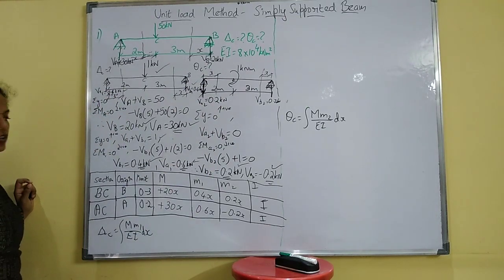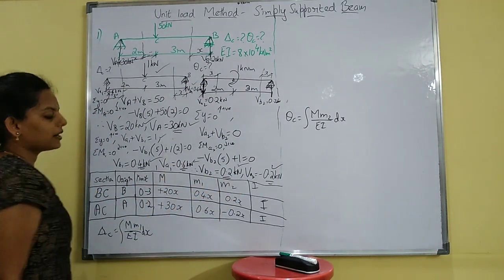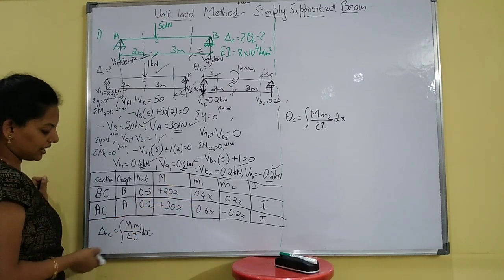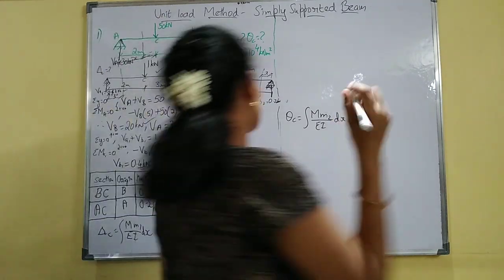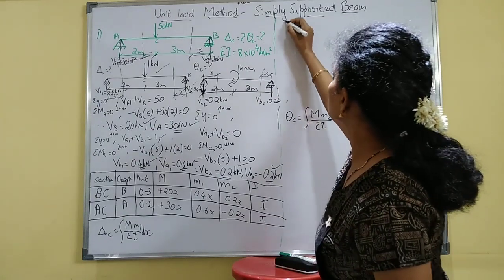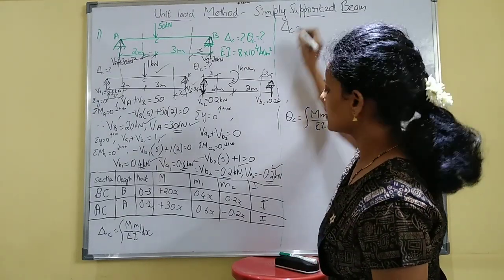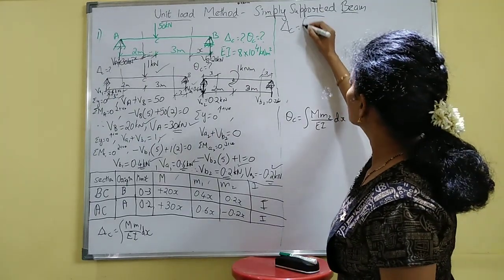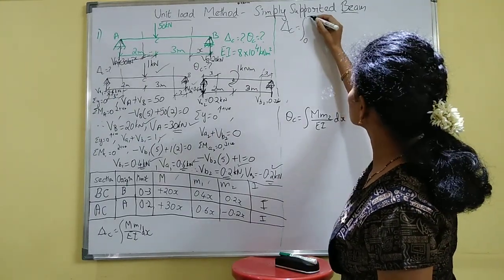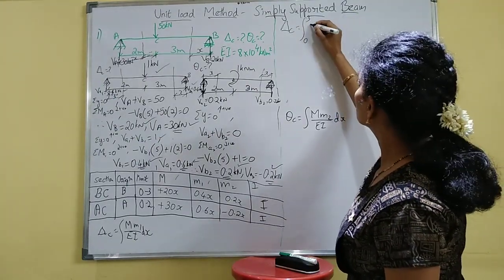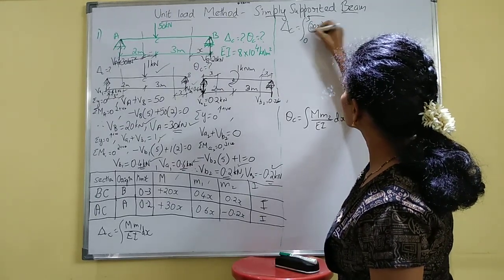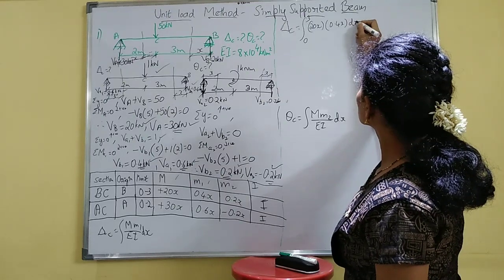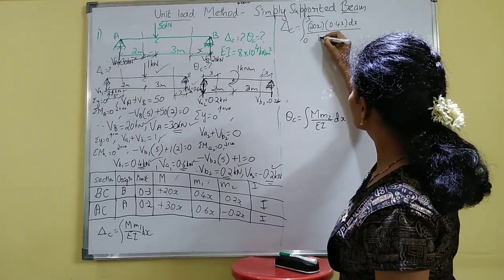Okay, just find out the bending moments. These are the bending moments for each diagram. Next just substitute and get the value of deflection. So delta C is the integral of M into M1, this column and this column. You have the integration with limit for the first section 0 to 3, 20 into x into 0.4 into x, that is small m1, divided by EI.